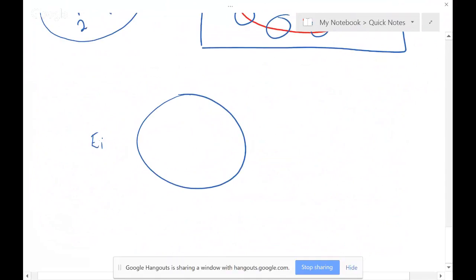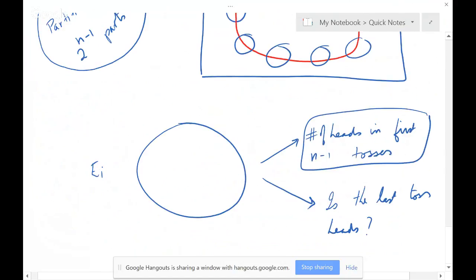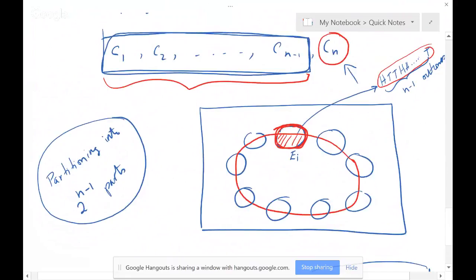Well, that will depend on two things: the number of heads in the first n-1 tosses, and the last toss being heads. But because I have fixed Ei, the first portion is already fixed.